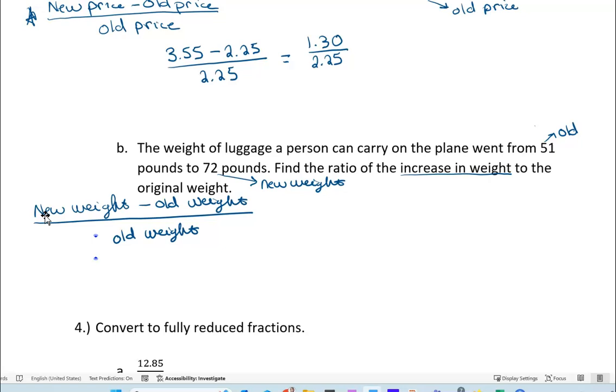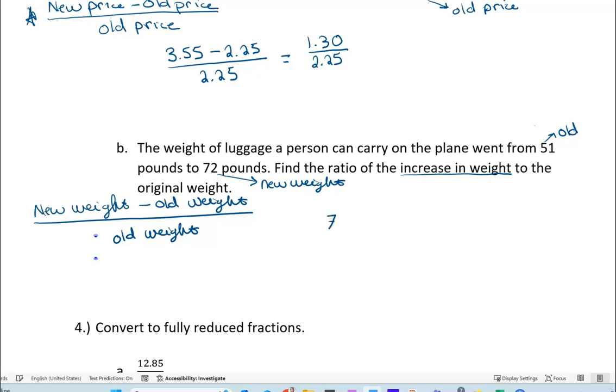Because by doing the difference the way that we are, the new value minus the old, that's going to take into account the direction of the change already. So I just want to make you aware that this problem could be written including the word increase, decrease, or not, and just looking for that ratio. So be careful of that. Okay, so I have identified my values.